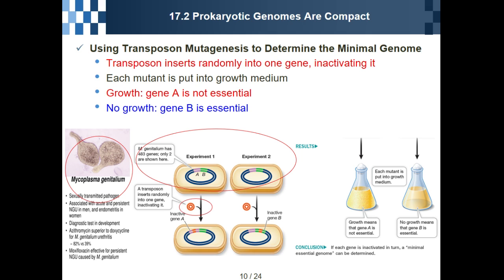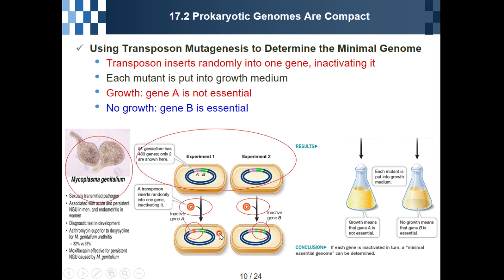Usually the transposable element inserts randomly into one gene. In this case, it randomly inserted into gene A. In this other case, the transposon is randomly inserted into gene B. So they made the mutants.